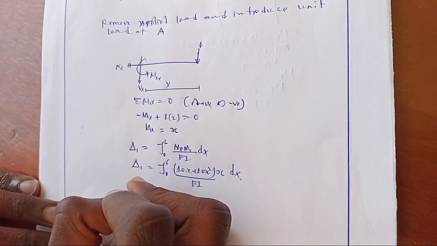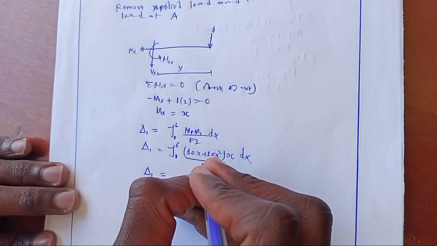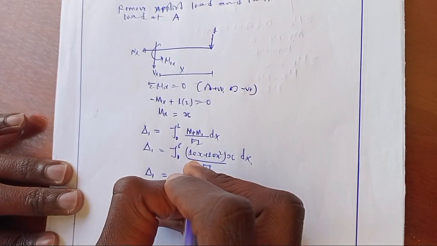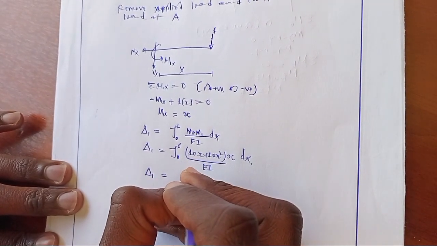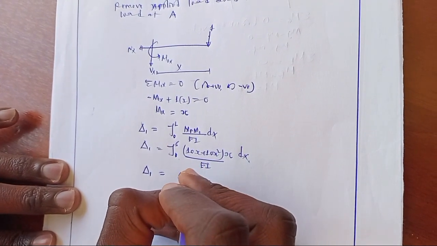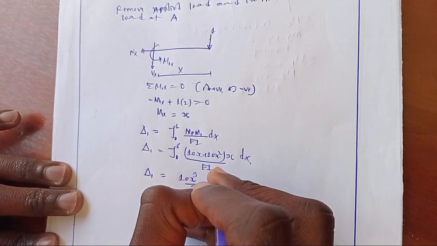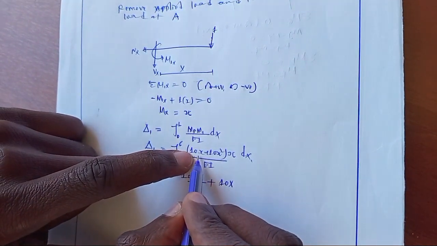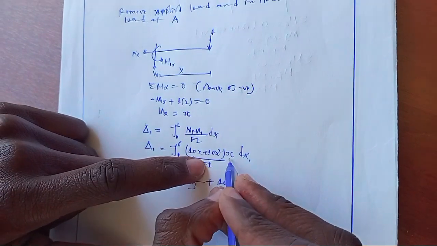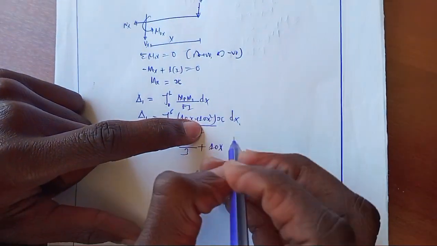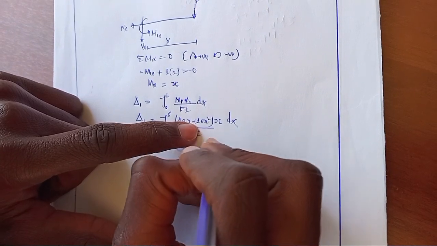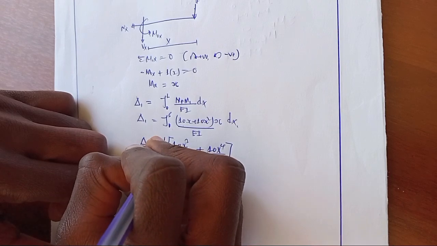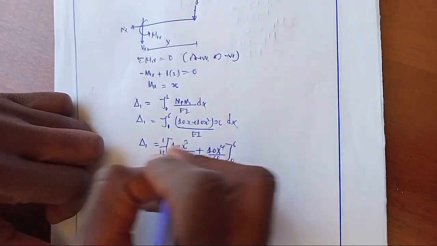So the deflection at this point, when we integrate this equation, will be 10x cube over 3 plus 10x power 4 over 4, over 1 EI, from 0 to 6. This is 10x square, which when integrated gives 10x cube over 3. This is 10x cube, which when integrated gives 10x power 4 over 4.